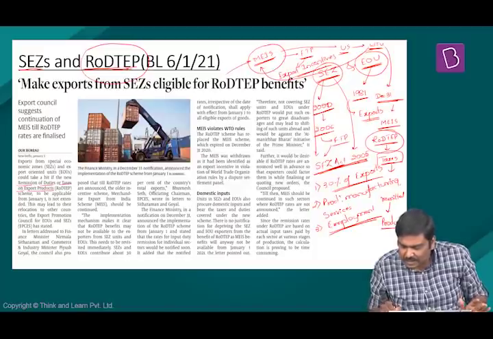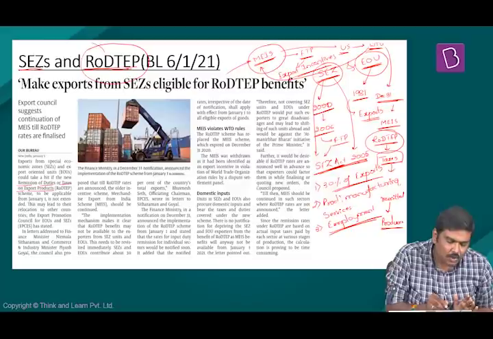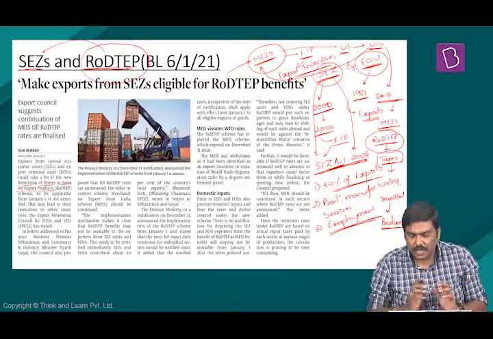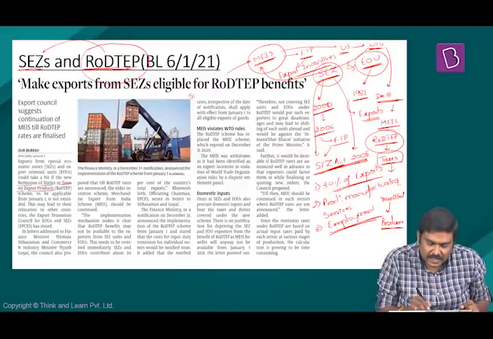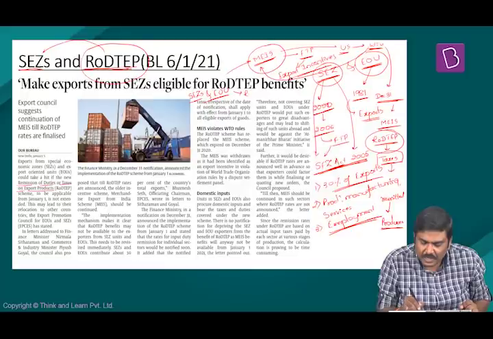But this particular article basically discusses the connection between RoDTEP and SEZs. The article basically says that SEZs as well as EOUs procure certain raw materials or inputs from the domestic market.